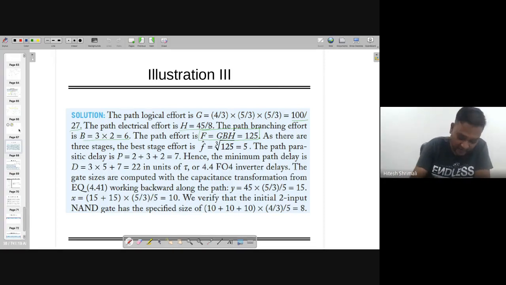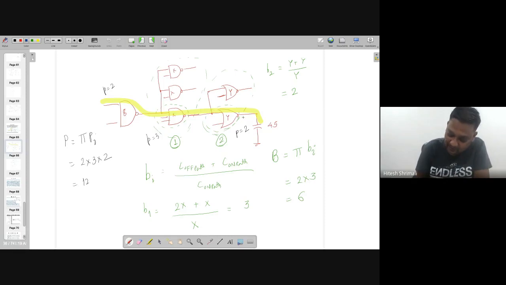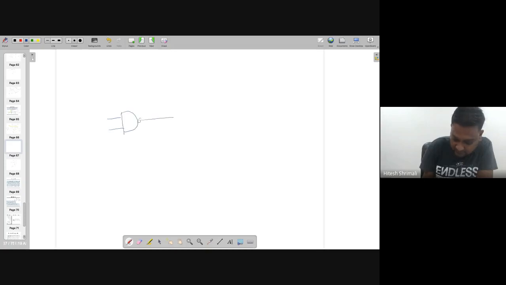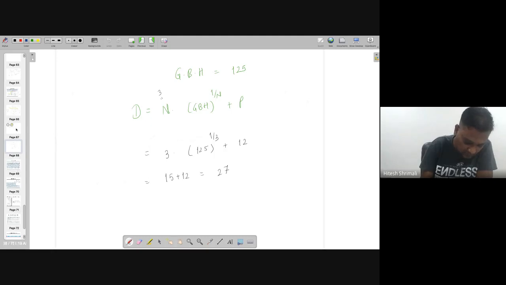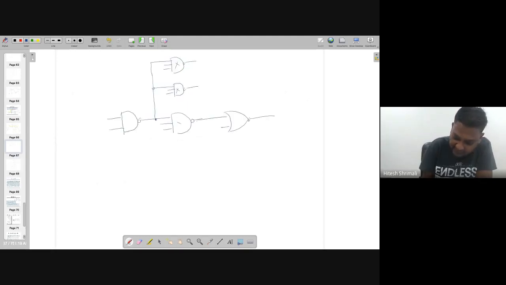So in that case, if you look from here, these are x, this is 8, this is y, and this is also y.